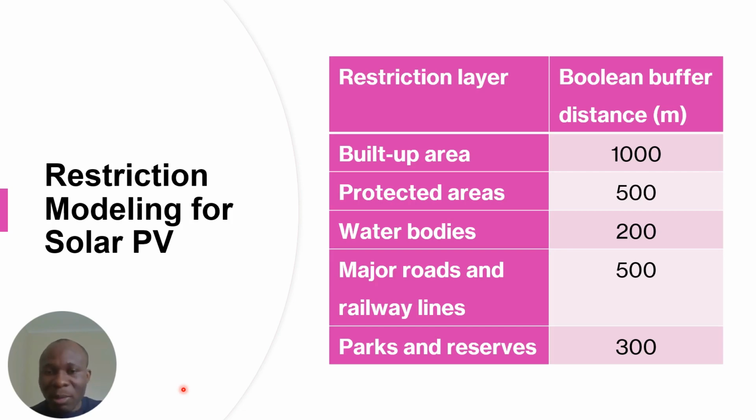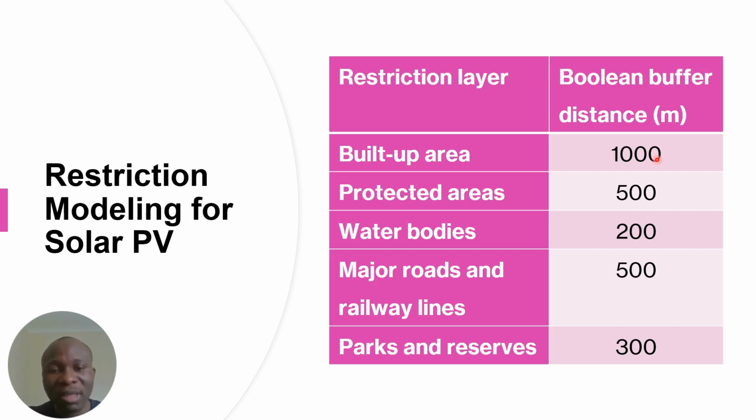We're going to be using buffering basically in our GIS environment, and using some other tools to get the raster value. In terms of built-up areas, we're going to be using a 1 kilometer buffer. That is, our analysis is going to start from a kilometer away from a built-up area, like a burn area and all that.